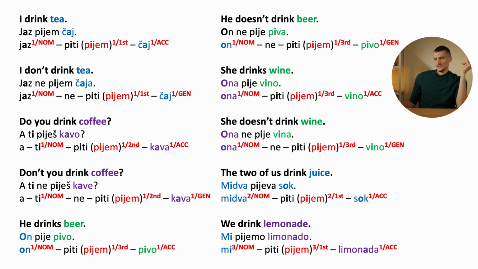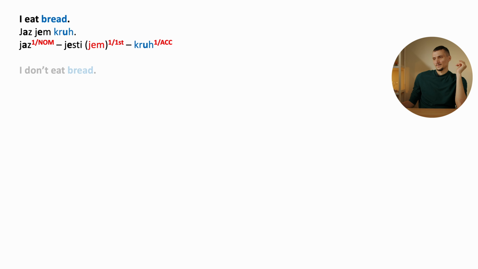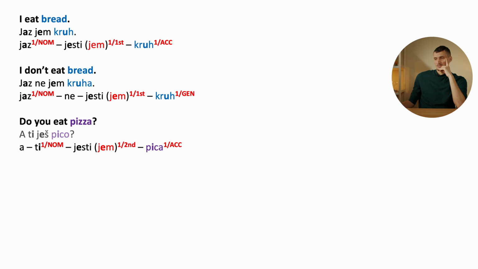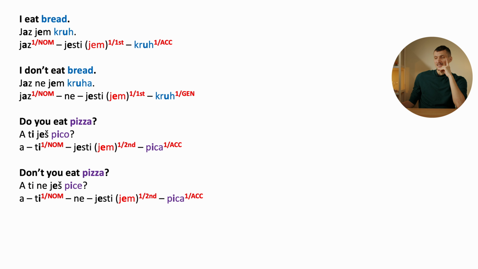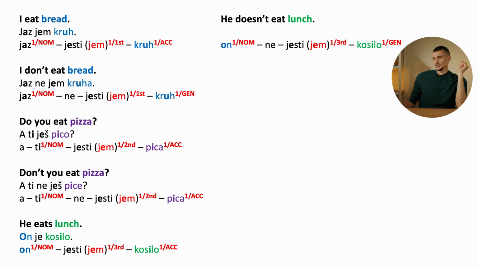And one more slide. I eat bread. Jaz jem kruh. I don't eat bread. Jaz ne jem kruha. Do you eat pizza? A ti ješ pico? Don't you eat pizza? A ti ne ješ pice? He eats lunch. On je kosilo. He doesn't eat lunch.